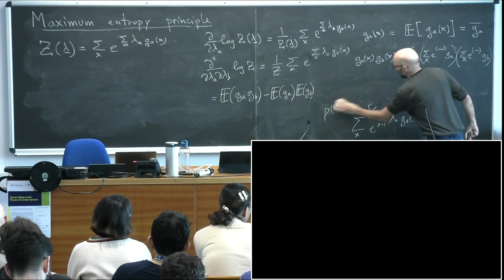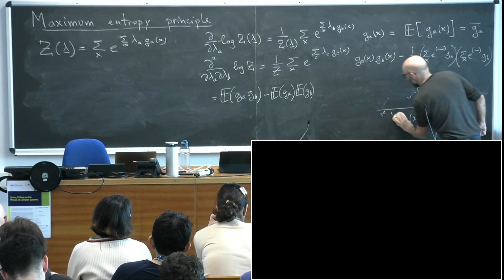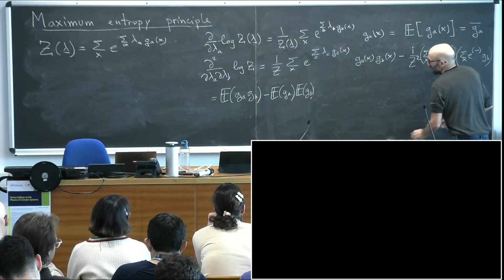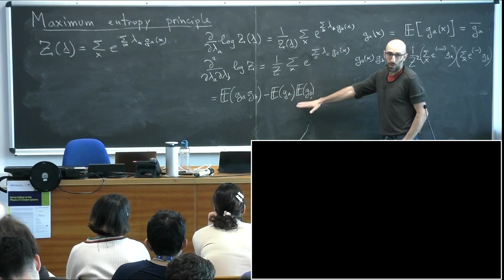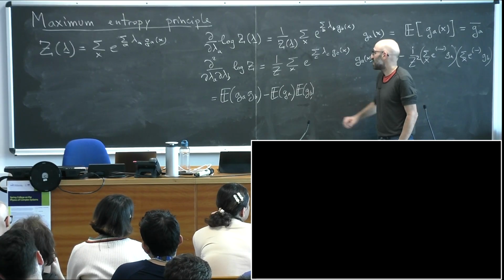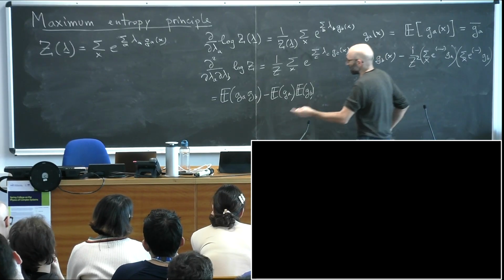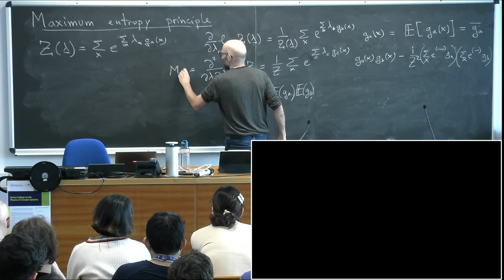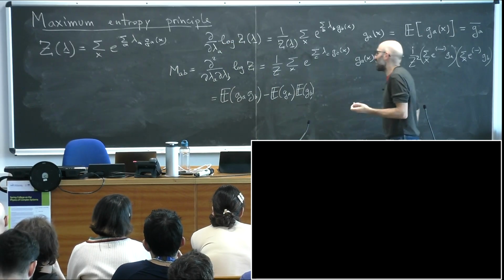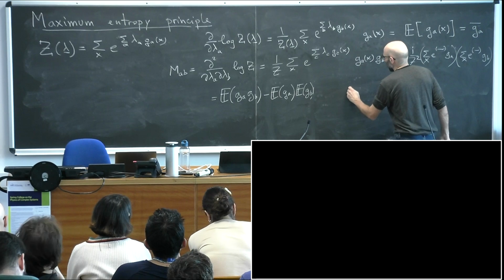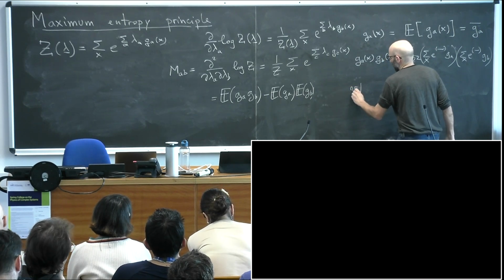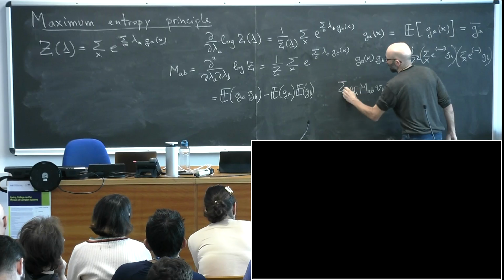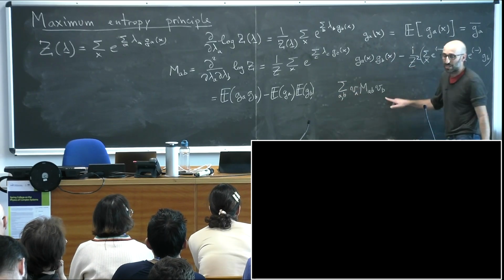Now, the matrix of the covariances has the property that it is a positive definite matrix. Why? Because if I call this matrix, let's call it M_ab, and I take any vector v and compute the sum over a, b of v_a M_ab v_b, what do I get?